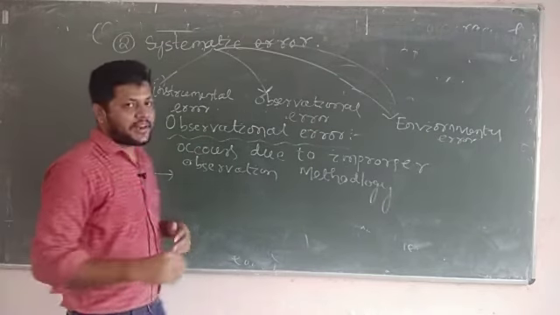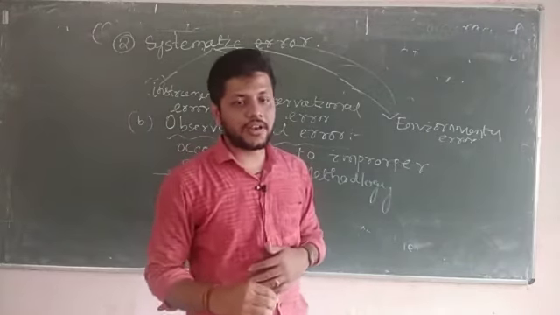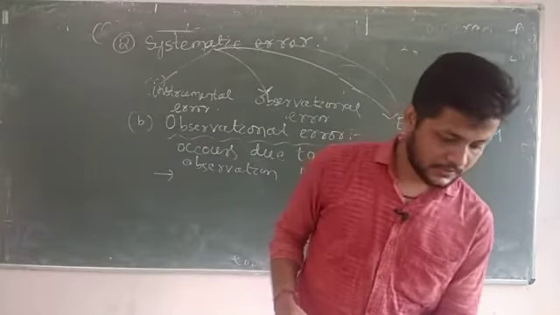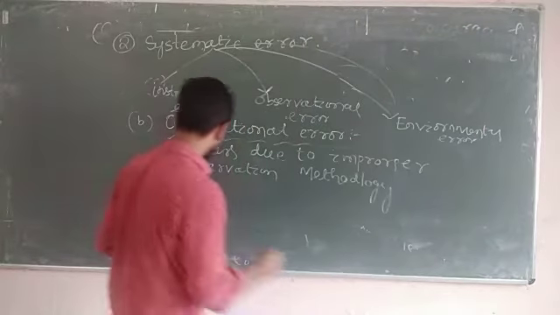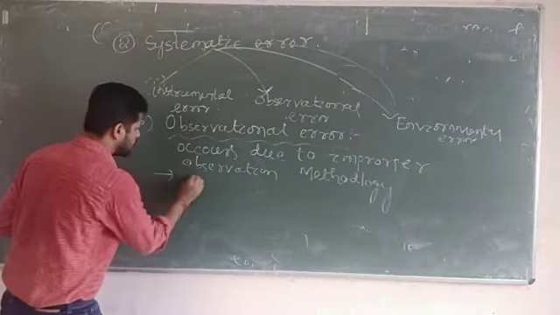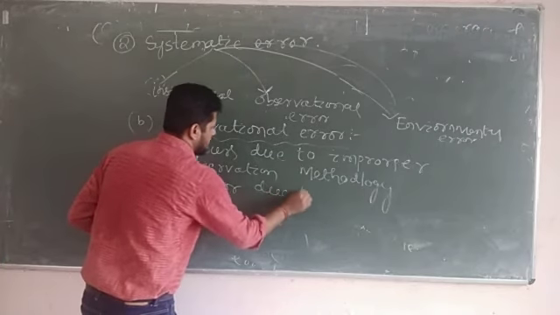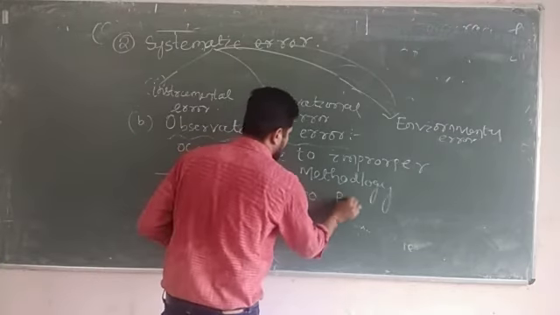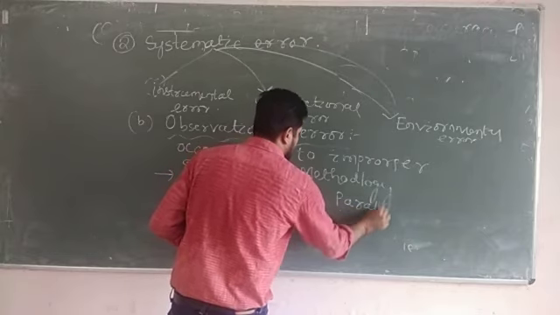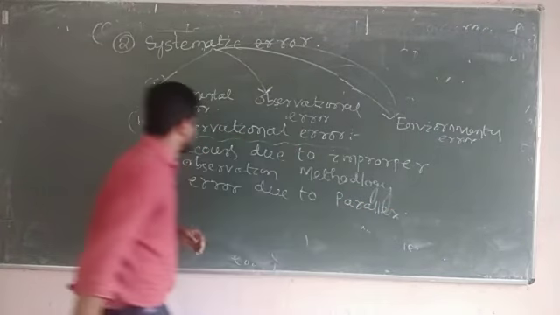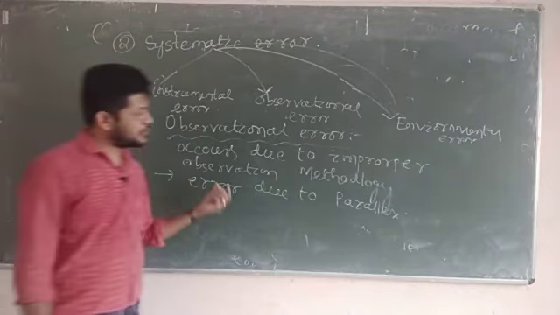For example, error due to parallax. That comes under observational error.